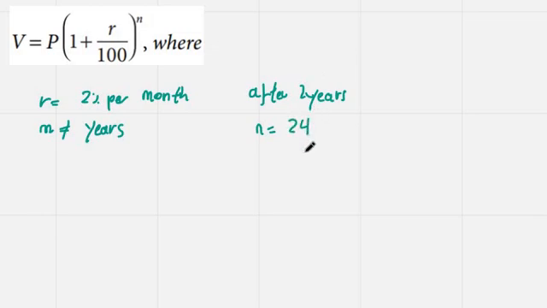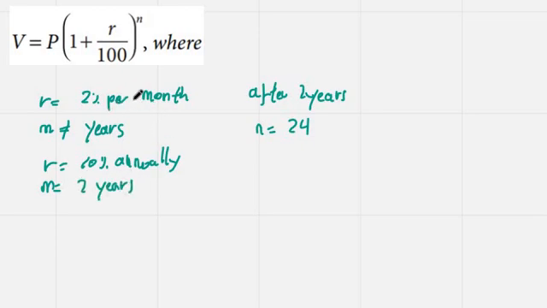That number is 24. Okay, if you were to have a rate of 10% annually, then n will have to mean years. For example, 2 years.